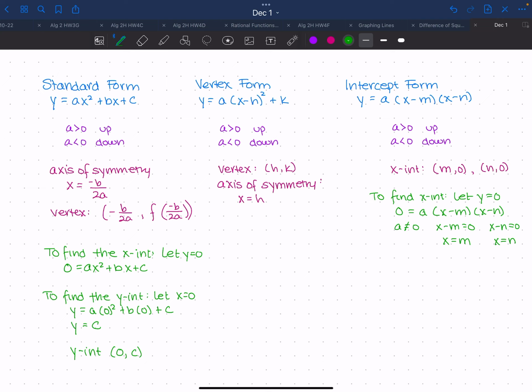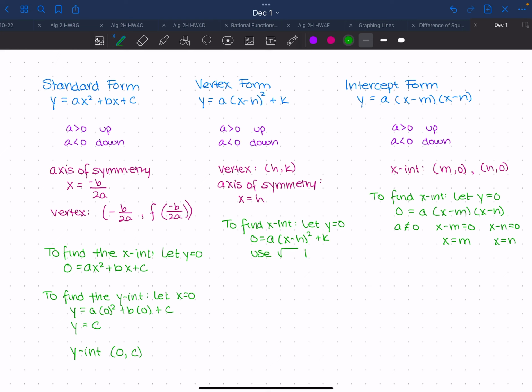For the other two forms, again, to find the x-intercept, we're going to let y equal 0. For vertex form, if you take a look, this is always going to be in this form where the x only appears once. You're always going to be able to use square roots to solve this equation.